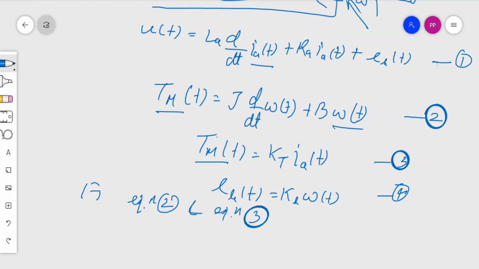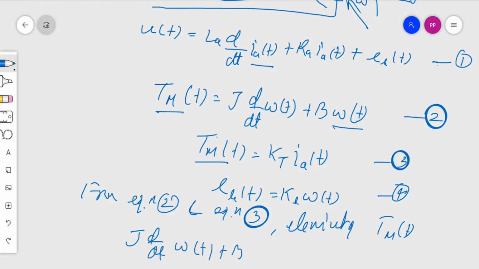I am eliminating Tm. So if I eliminate Tm from equation 2 and equation 3, I will get J d by dt of omega t plus B omega t equals Kt Ia t. This is equation 5.